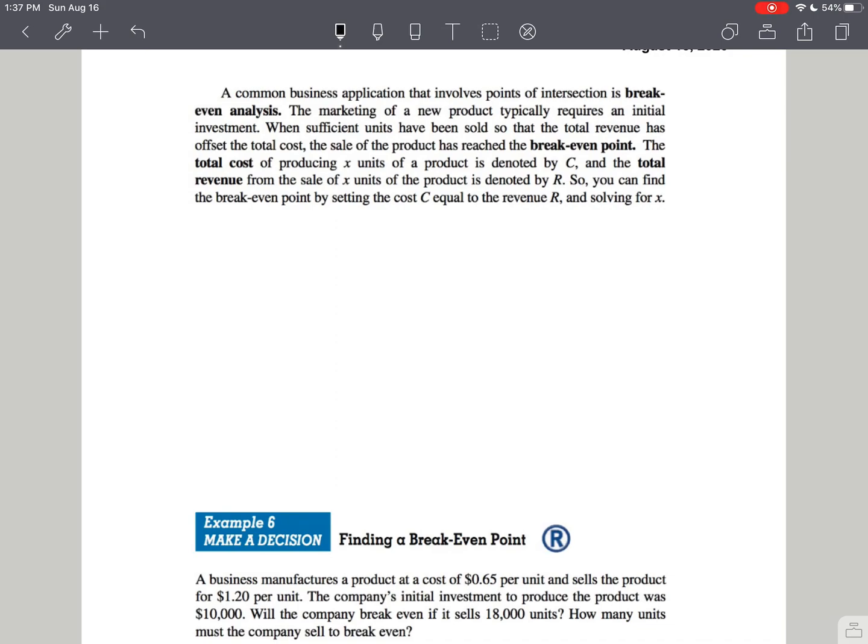So if I just want to break even, like I just want to do a good thing and say, you know what, I don't want to make any money from it, I just want to break even, then I'm going to have to sell them for as much as it costs me to make them. That's your break even. If I sell them for more money than it costs, then I get a profit, then I make money.